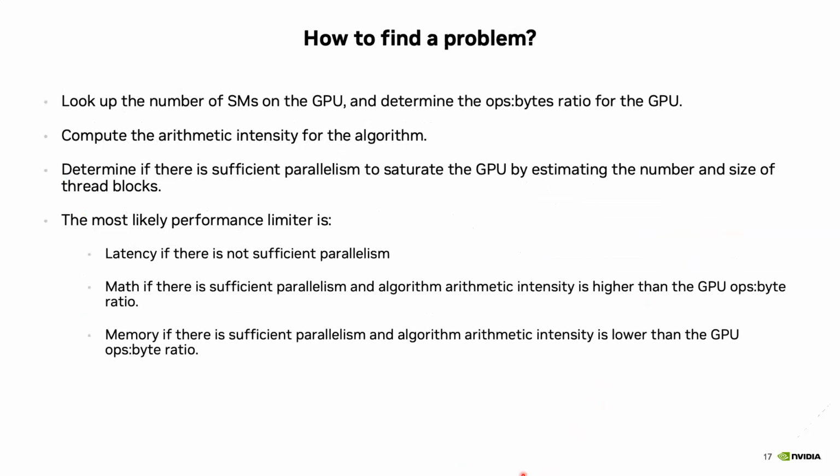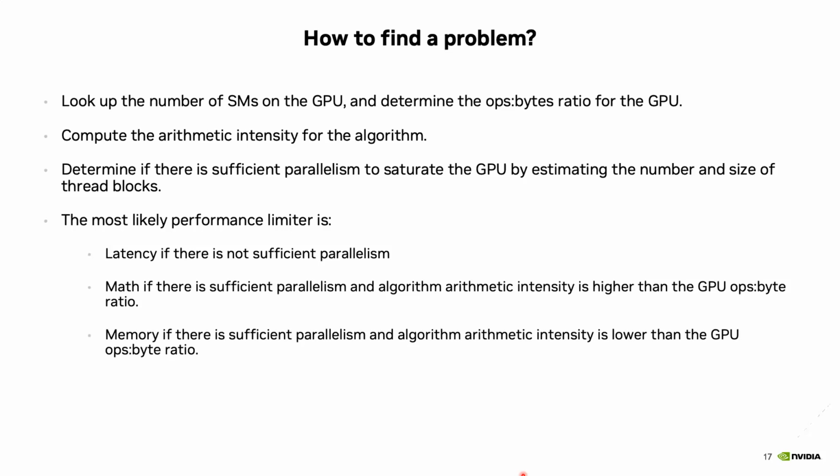Yeah, so a quick guide on how to find what's the problem in our current execution of the network. We should look up the number of SMs on the GPU, and again, imagine how the ratio of flops to bytes looks, and whether I can utilize all of the SMs. Then I should compute the arithmetic intensity of my algorithm, and again, understand whether it is math limited or bandwidth limited.